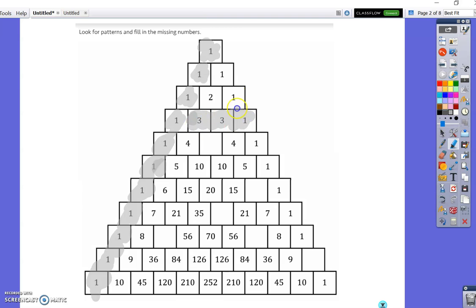And the 3s here. 1s, 1s, 1s, 1s, 1s. And 5, 5, 15, 15, 35, 35. No odd numbers on that row. Odd number, odd number, odd number, odd number.